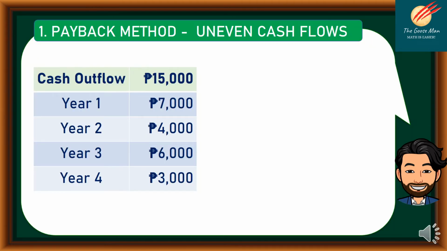Now, for uneven cash flows, what we first determine is our cash outflow of 15,000 pesos. We have the following inflows: year 1, 7,000; year 2, 4,000; year 3, 6,000; and year 4, 3,000 pesos. First, we add the first 2 years of cash inflows: 7,000 plus 4,000 is equal to 11,000.